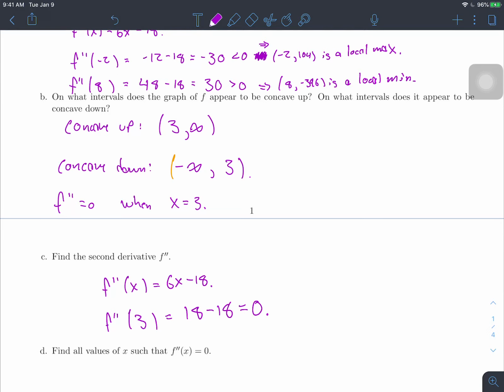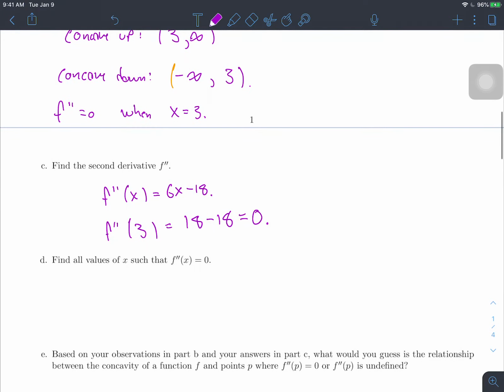Okay. We want to find all values of x such that f prime of x, which is equal to 6x minus 18, is equal to 0. Are there any other values of x that cause this to be true other than 3? No, there's no other values of x that we could plug in here.